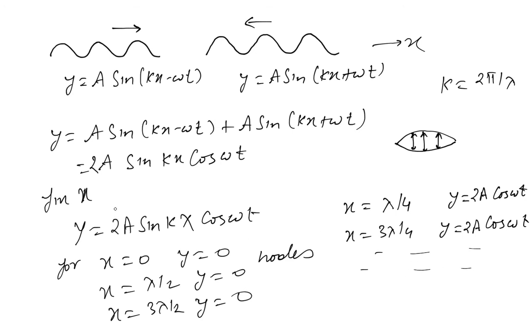So here this value is 0 for all these x's, and this value is a maximum, 1, or 2a actually, for these kinds of values.